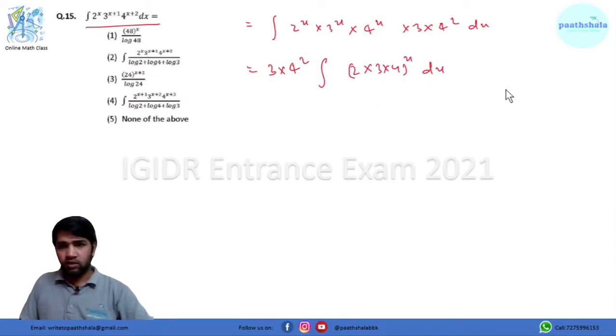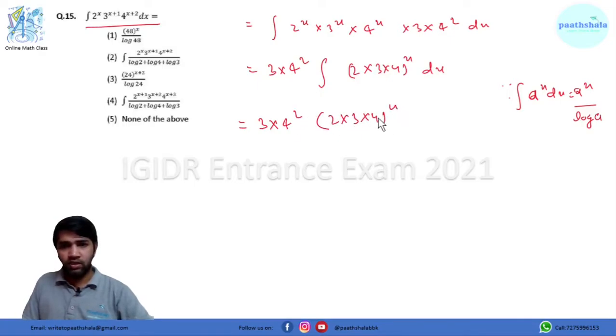Okay, so we know that the formula, that is integral a to the power x dx, this is nothing but a to the power x upon log a. Okay, so this will comes out to be 3 into 4 square. Here you will get 2 into 3 into 4 to the power x divided by, this will be log 2 into 3 into 4, okay, plus c.